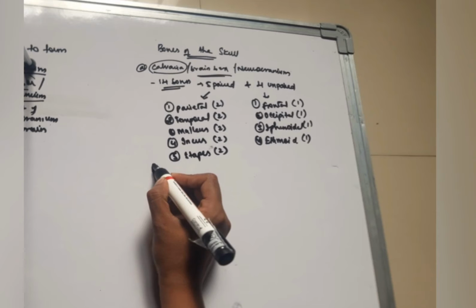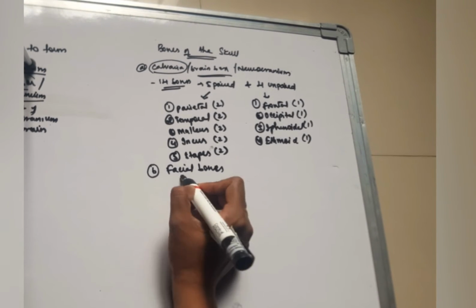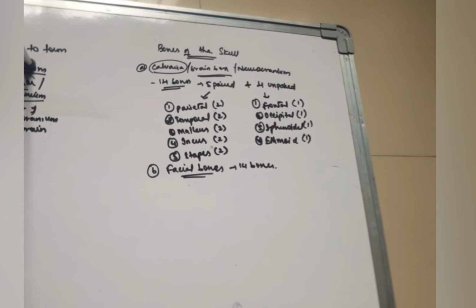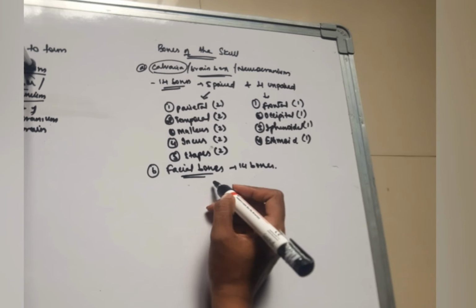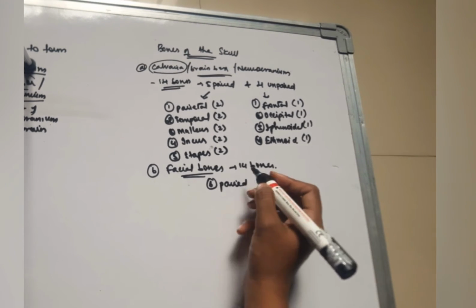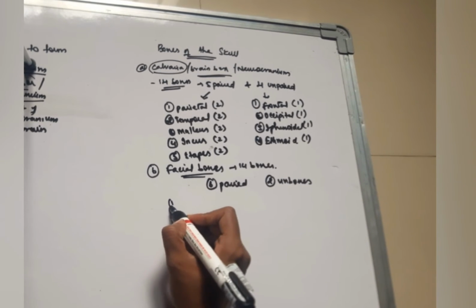Now coming to the facial bones, these are also 14 in number, and they are 6 paired and 2 unpaired bones. What are the 6 paired bones?